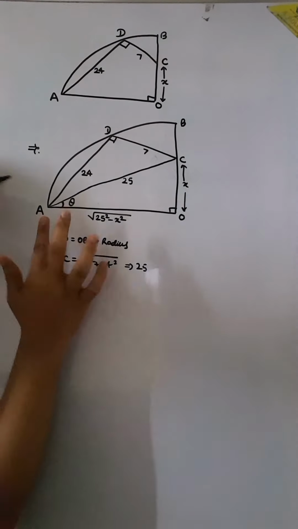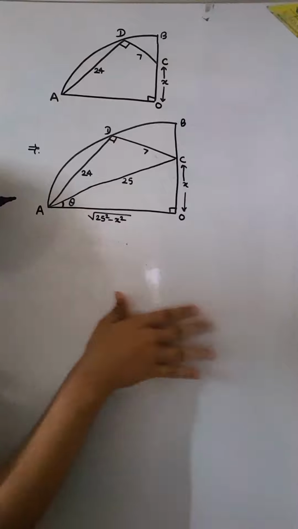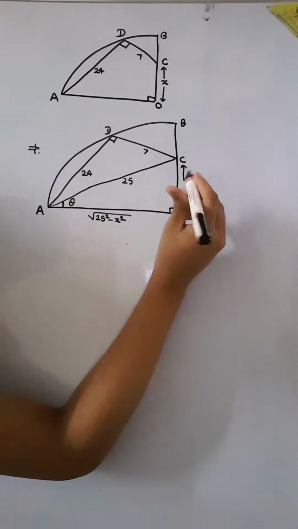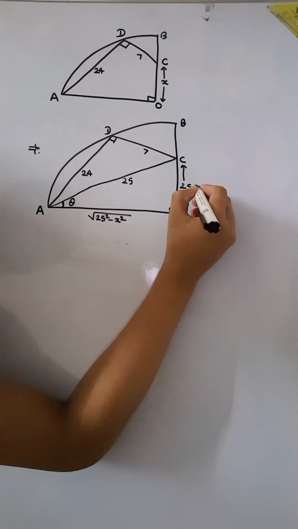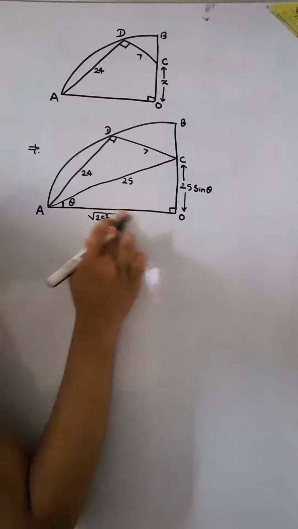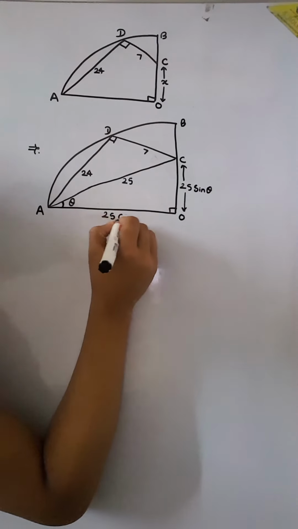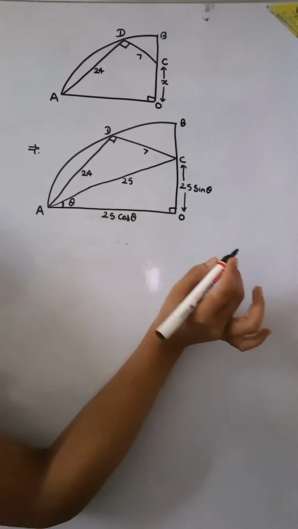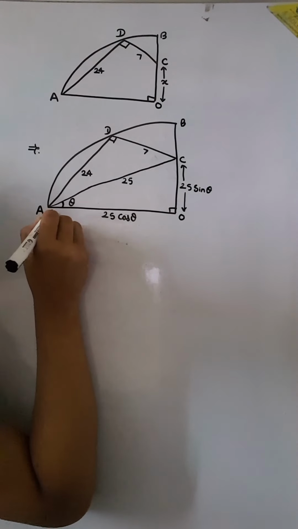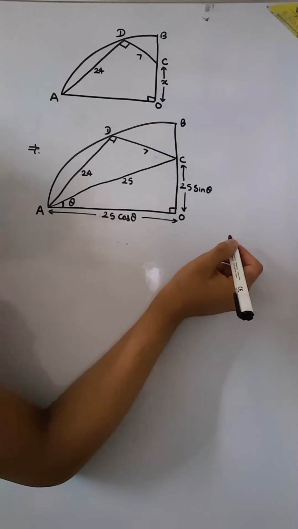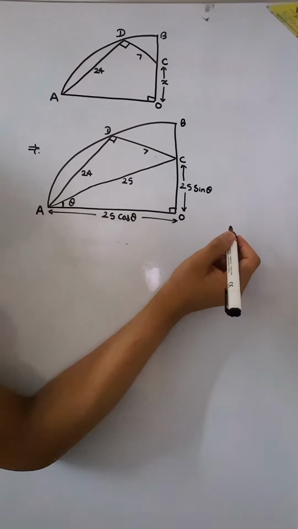So if we suppose that this angle is theta, then with respect to this we can say that CD is actually 25 sine theta, and the value of AO will be 25 cos theta. This will be its value. So now we know the dimensions of all the four sides of this quadrilateral.